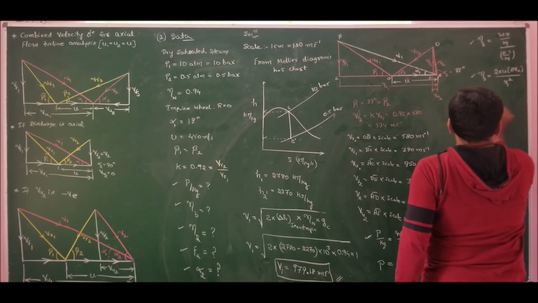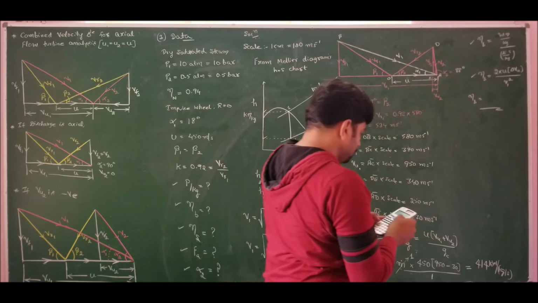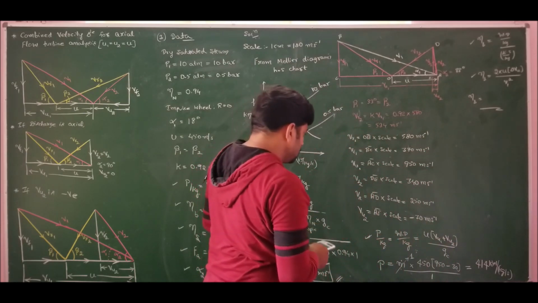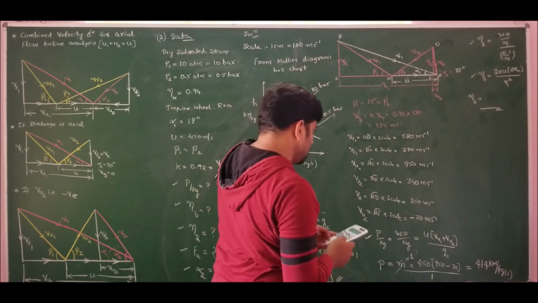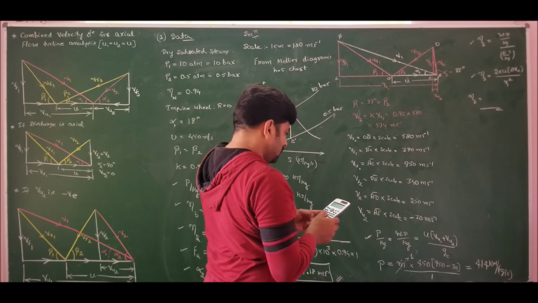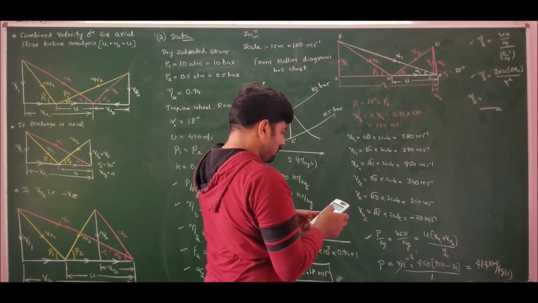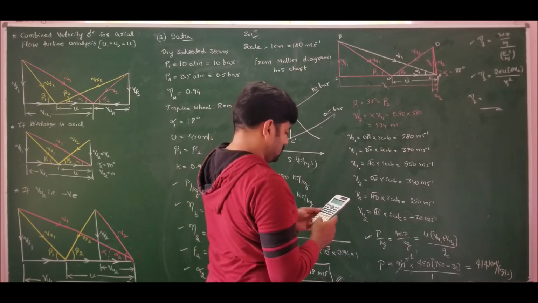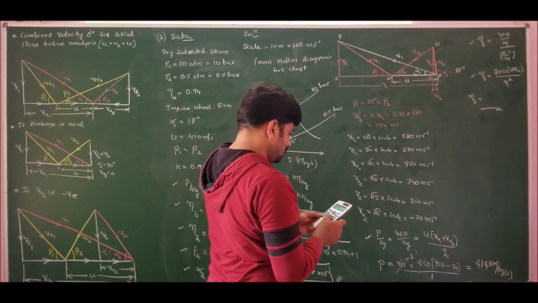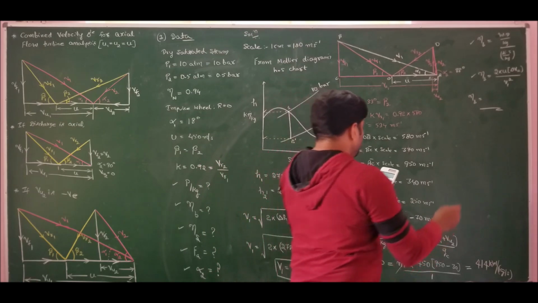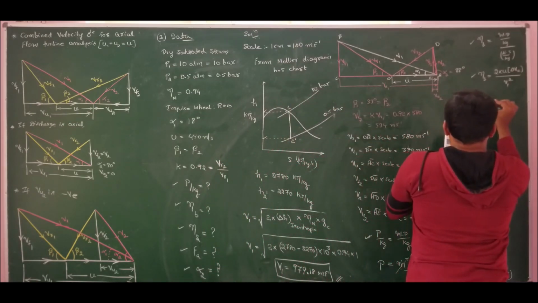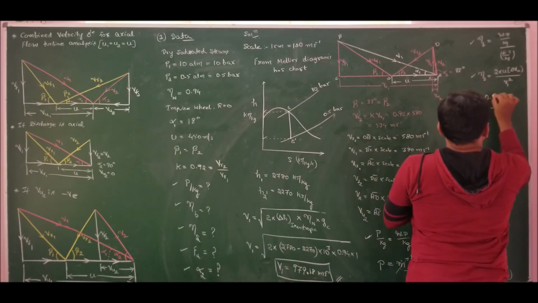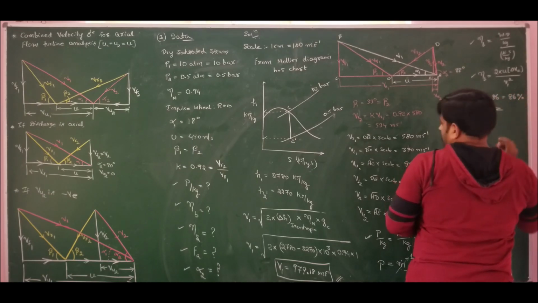So blade efficiency is turning out to be 2 times, we know work done per kg as 414 into 10 power 3, divided by V1 which is 979 square. Blade efficiency is 0.886, which is nothing but 86%.